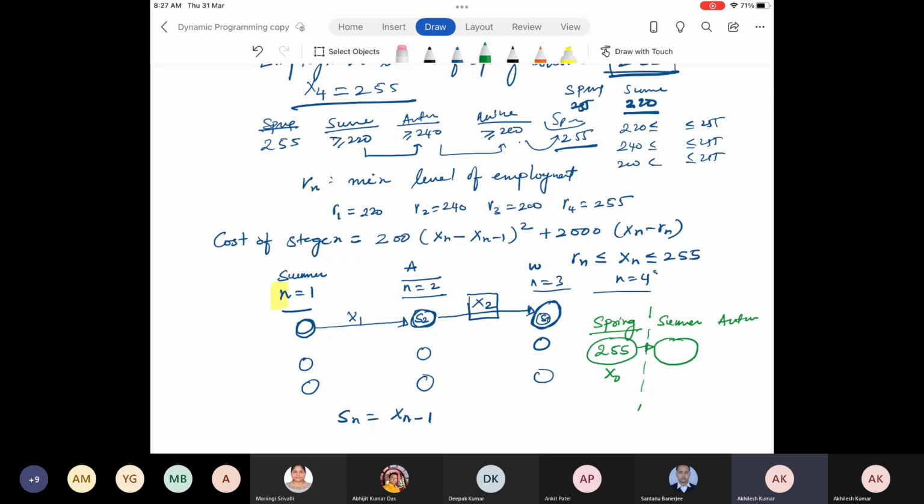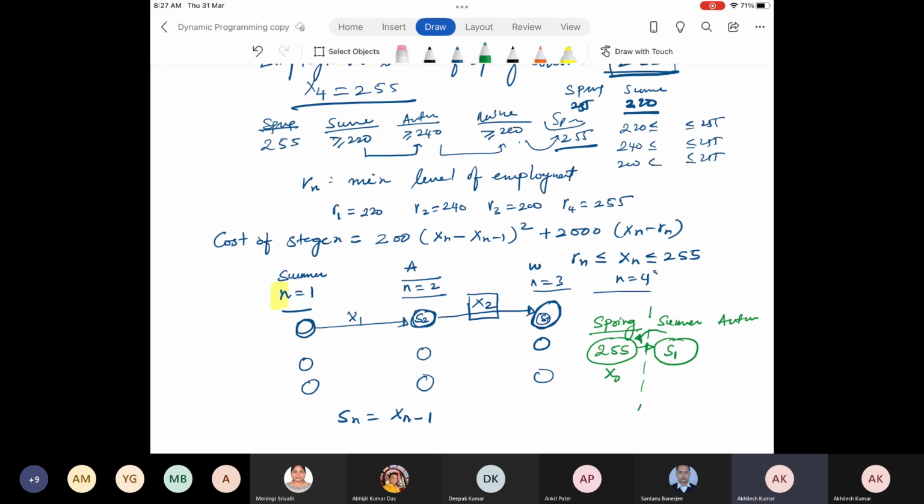So what we know is the employment level in my last season, that is the information I have. Clearly? Yes. So my state at the start of summer is nothing but what was my employment level in the last season. Does that make sense?